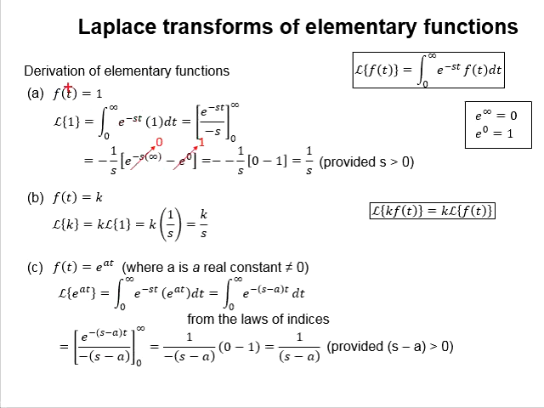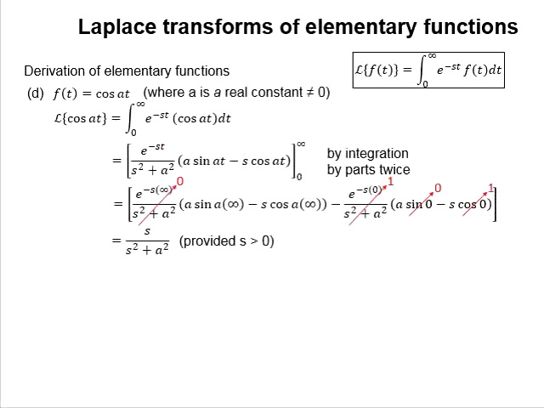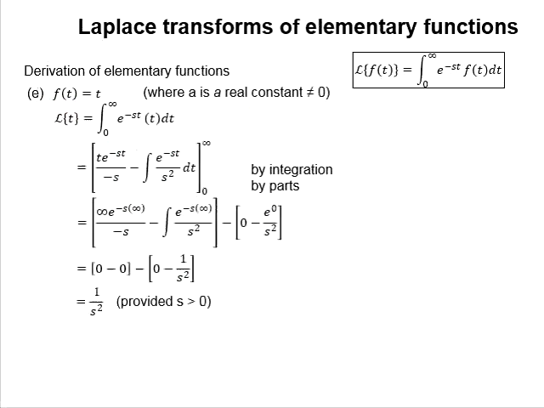What you are seeing here is that when f(t) is substituted by some common functions, you will obtain the outcome of the Laplace transform. The Laplace transform of cos at will give you this. The Laplace transform of t will give you this.